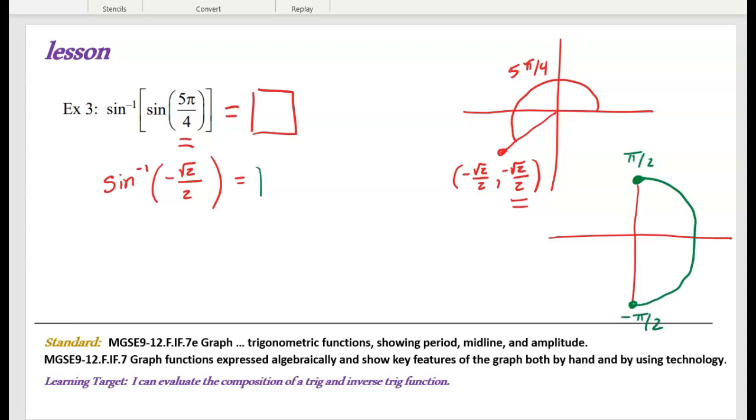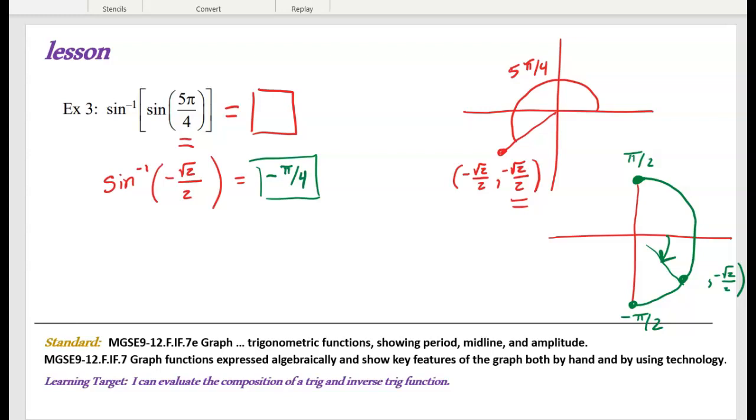So the output has to be some angle here. Well, if my y value is negative root 2 over 2, that means the angle, and this is where it kind of gets tricky, is not pi over 4, but negative pi over 4. Final answer.